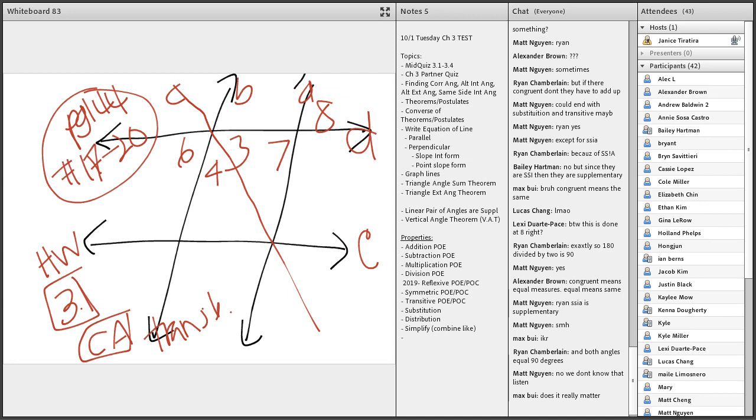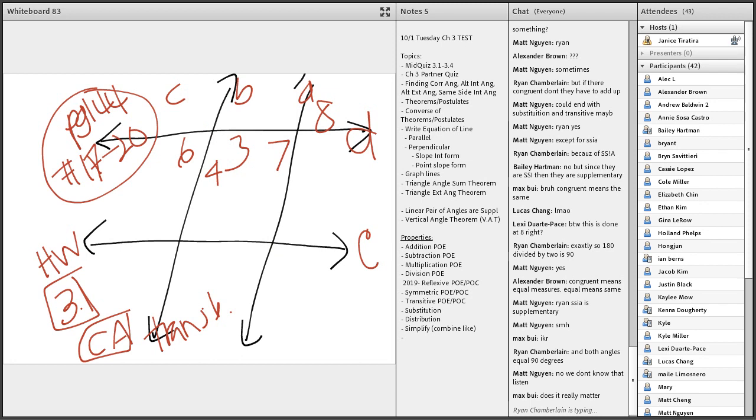So this is number 17 from page 144. We're looking for corresponding angles. This one's actually kind of easy. We don't even need this line in the middle, that line C, okay?